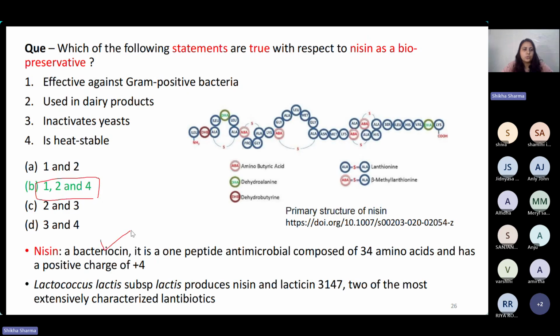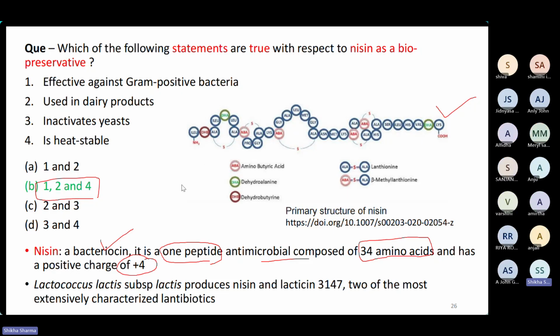So nisin is basically a bacteriocin. It is a single peptide antimicrobial composed of 34 amino acids. The primary structure is given here. It has 34 amino acids and a positive charge of +4, and it is one peptide chain like this, formed by Lactococcus lactis subspecies lactis.